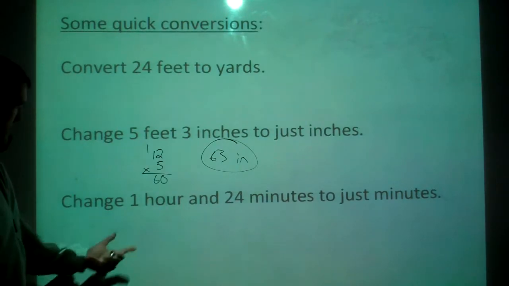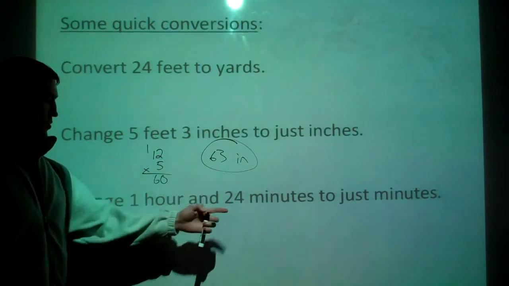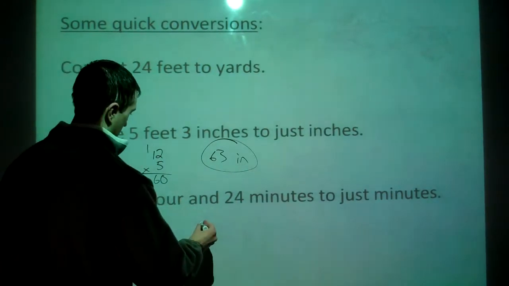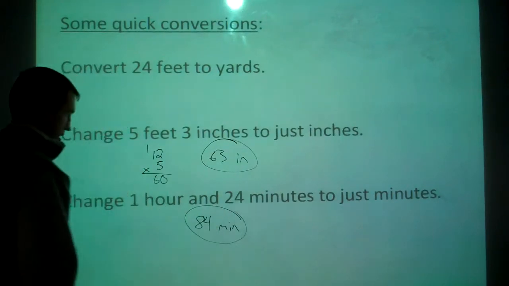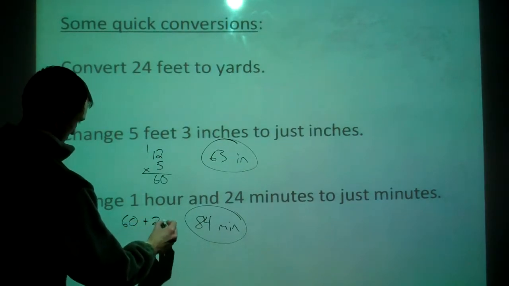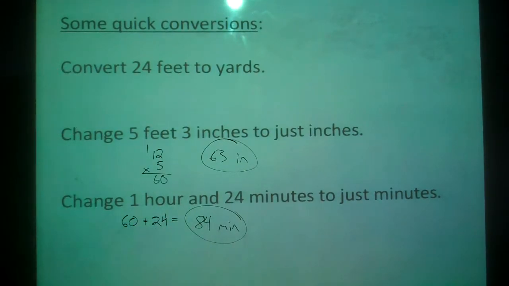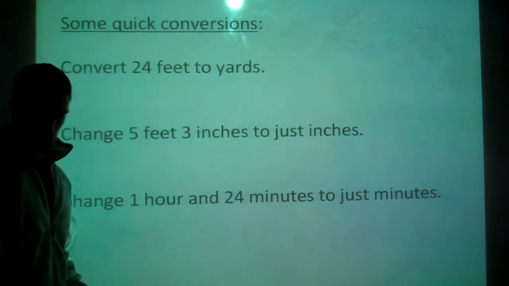Well, there are 60 minutes in 1 hour, so we would add 60 plus 24, we would get 84 minutes. Okay? So these little things are going to help us with what we do today. So this isn't the main topic, but they are little tools that we're going to use.